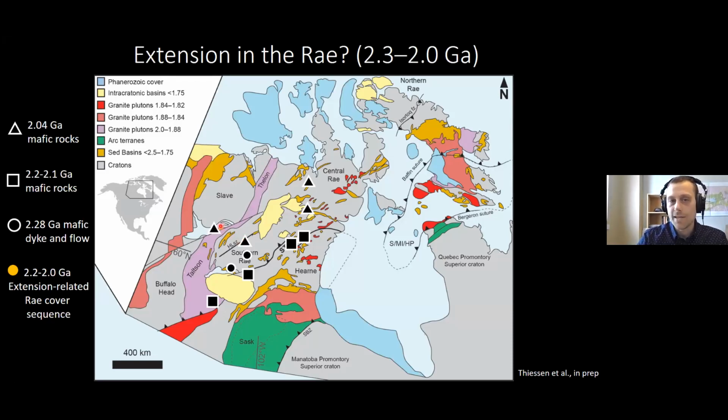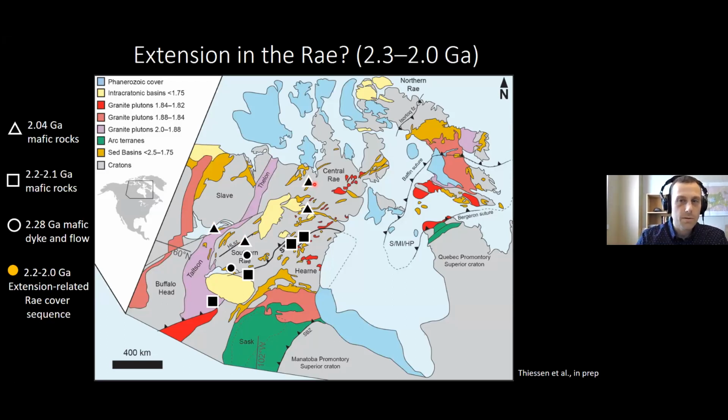There's one immediately west on top of the Slave basement, but it's in the East Arm of Great Slave Lake. The stuff in Great Slave Lake was determined to be rift-related volcanics at that time, 2.04. There's also some broadly 2.04 gabbros in the central Rae, including a sill up in the Montresor group in the central Rae.